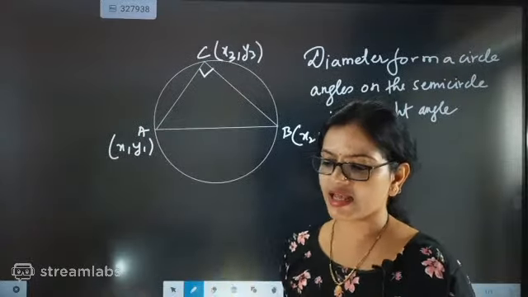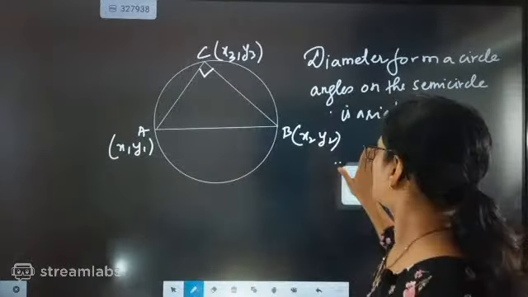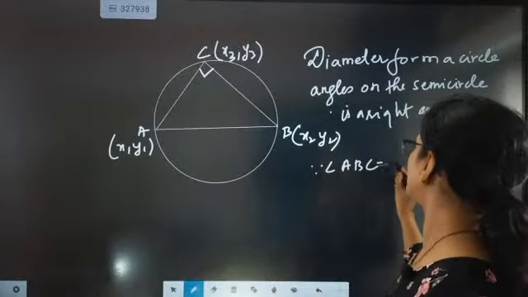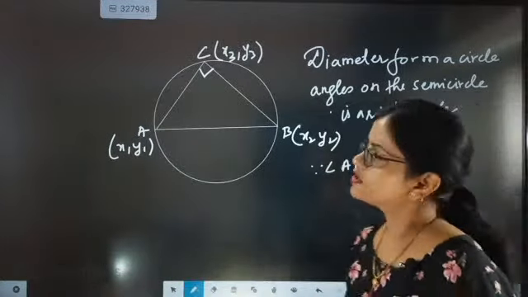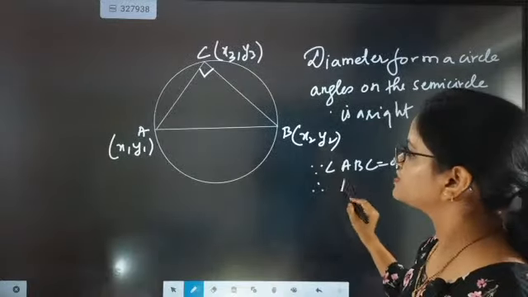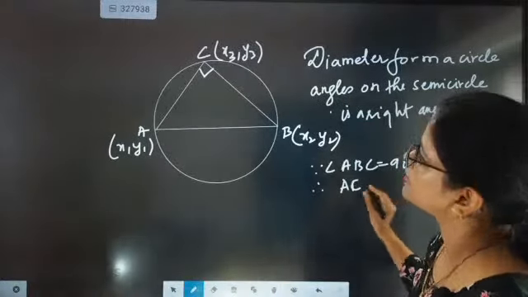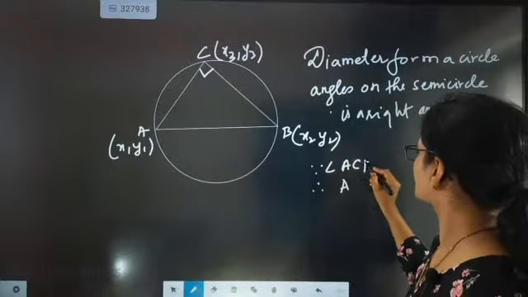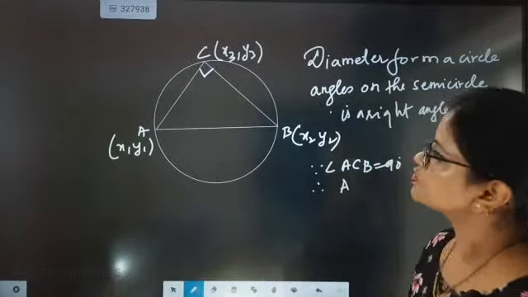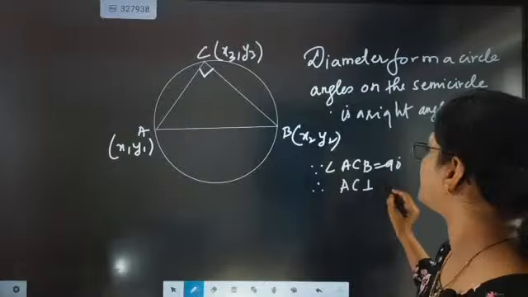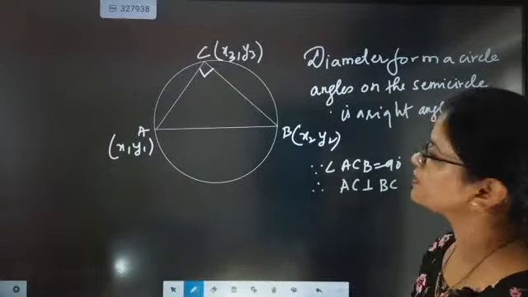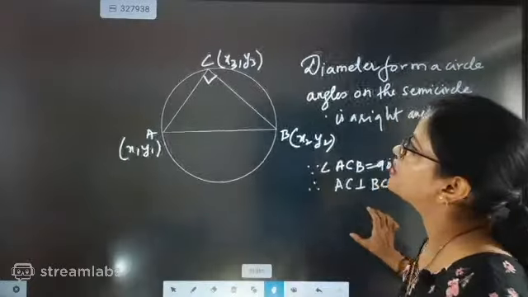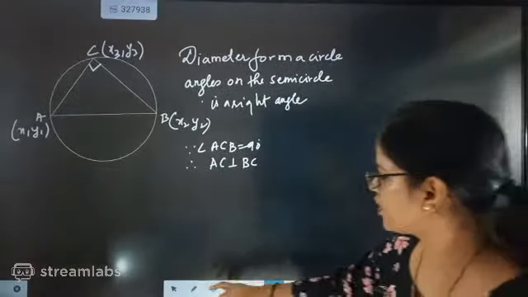Since angle ACB equals 90 degrees by this theorem, we can say that AC is perpendicular to BC.